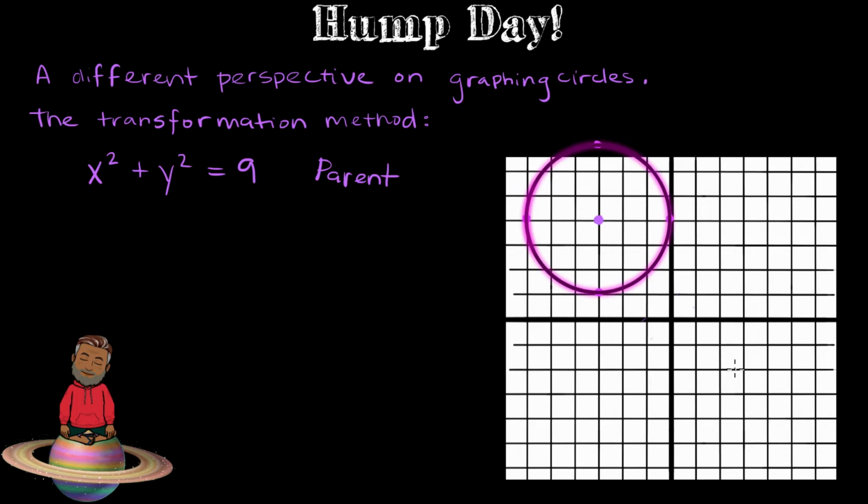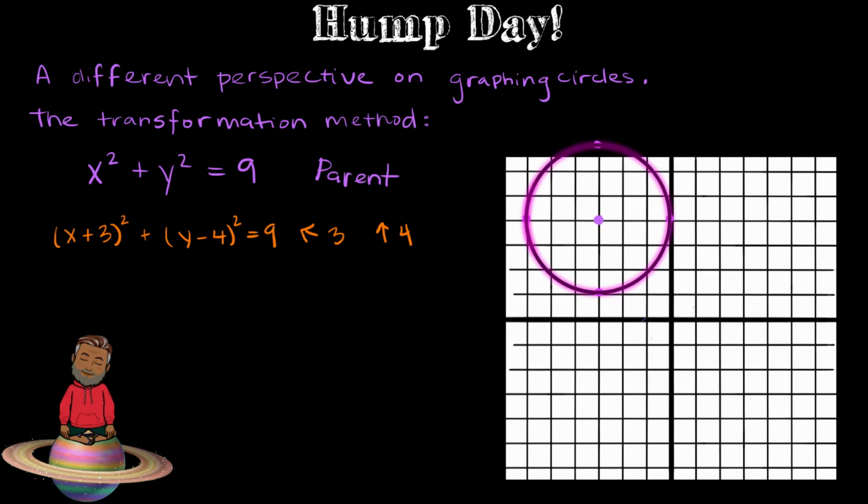But what has changed is that it's moved to the left 3 spaces and then up 4 spaces. So that transformation is going to be where x has 3 added to it, and y has 4 subtracted from it. But the 9 is still there because it's still the same exact radius.